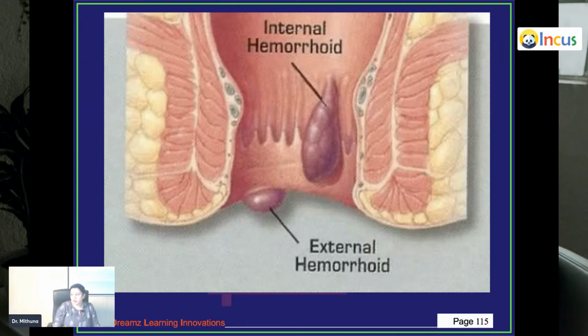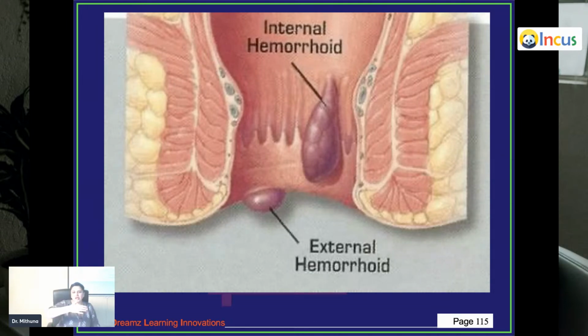And anything which grows below this dentate line, coming out of the anal aperture, that is your external hemorrhoid. This internal hemorrhoid can actually overgrow and come out as an external hemorrhoid. You might get confused, thinking it is an external hemorrhoid because you can actually see it with your naked eye. But it may not be, because the stalk that it's hanging from is coming from the rectal wall.